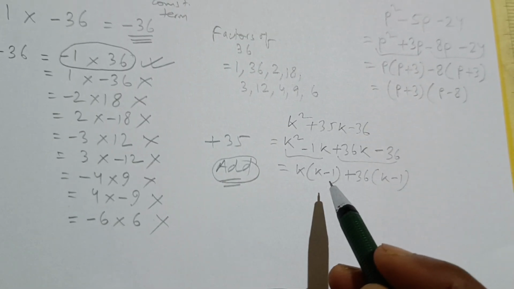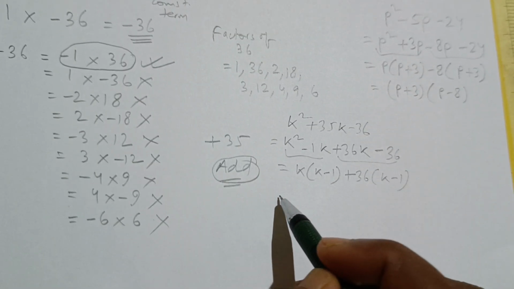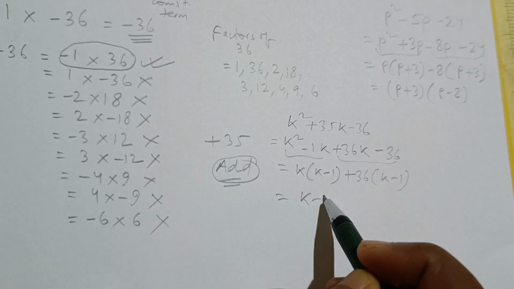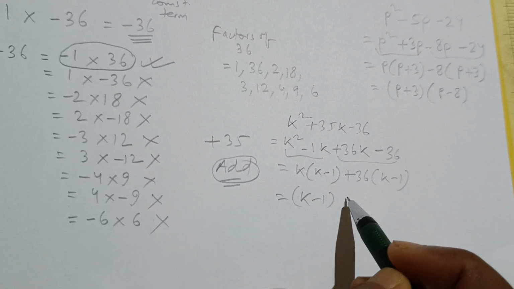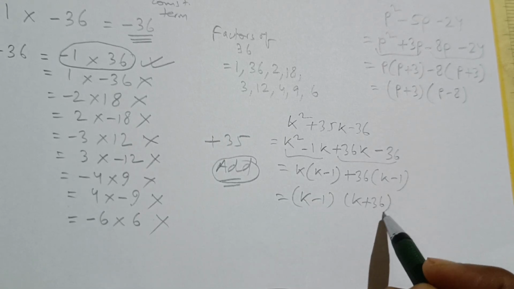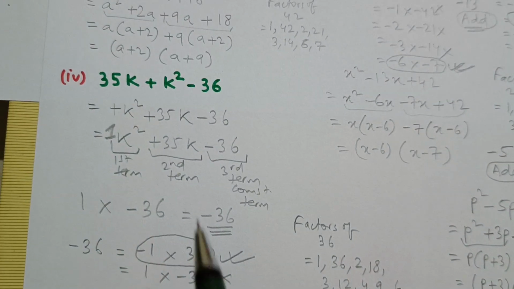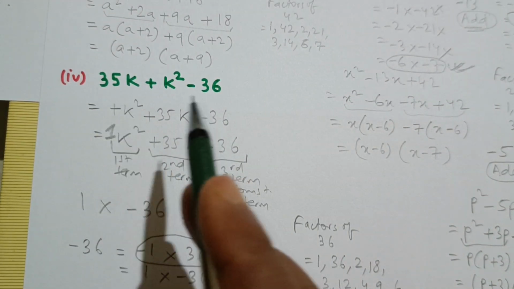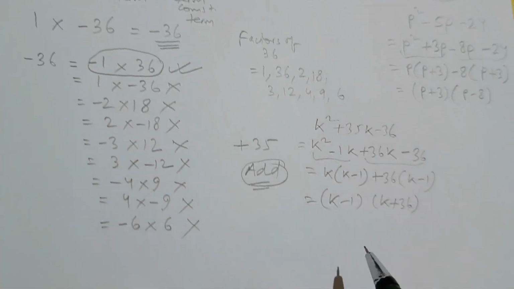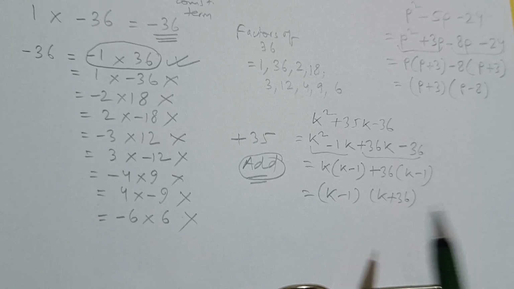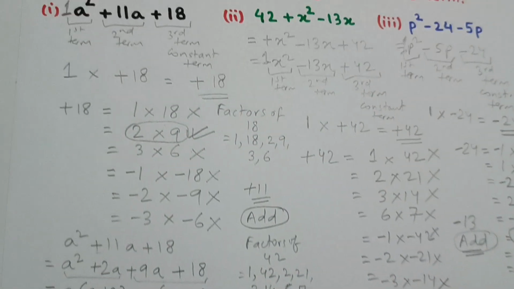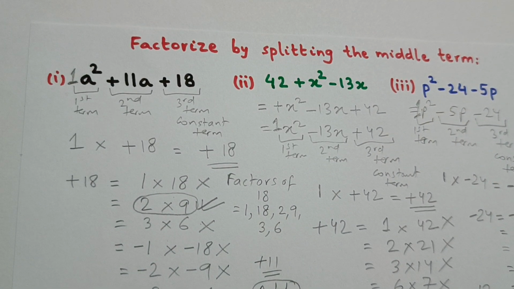And this is k into k minus 1 plus 36 into k minus 1. So k minus 1 is common. So k minus 1 into k plus 36. So this is the answer for question number 4. When we factorize this quadratic polynomial, the answer we get is k minus 1 into k plus 36. And with that, I have solved this given question set.